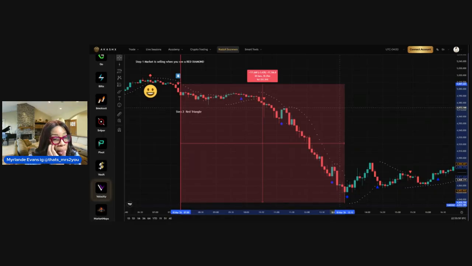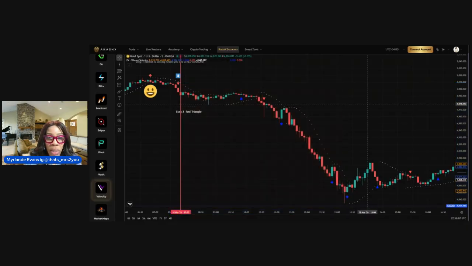I just want to calculate for you how gold works and how you can get paid utilizing the scanner here. So this is a sell example, and we're going to look at a buy example in a little bit. So 171 points. How does gold pay you? How do we get paid trading gold?